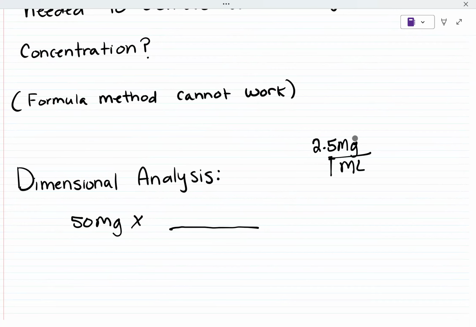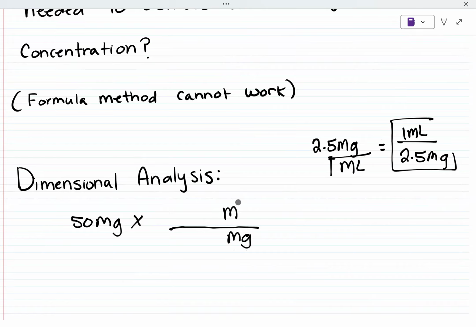I got to get rid of the milligram, so I can flip this, so I can say 1 milliliter for 2.5 milligrams, right? This is not wrong. So that's what I'm going to do. The reason why I have to flip it is because I want to get rid of the milligrams and I want my final answer to be milliliters, right?